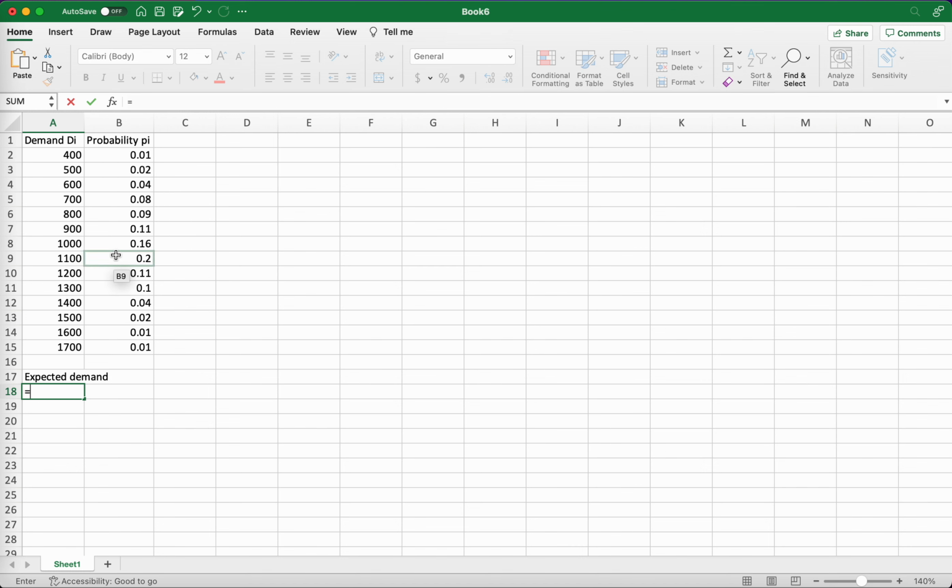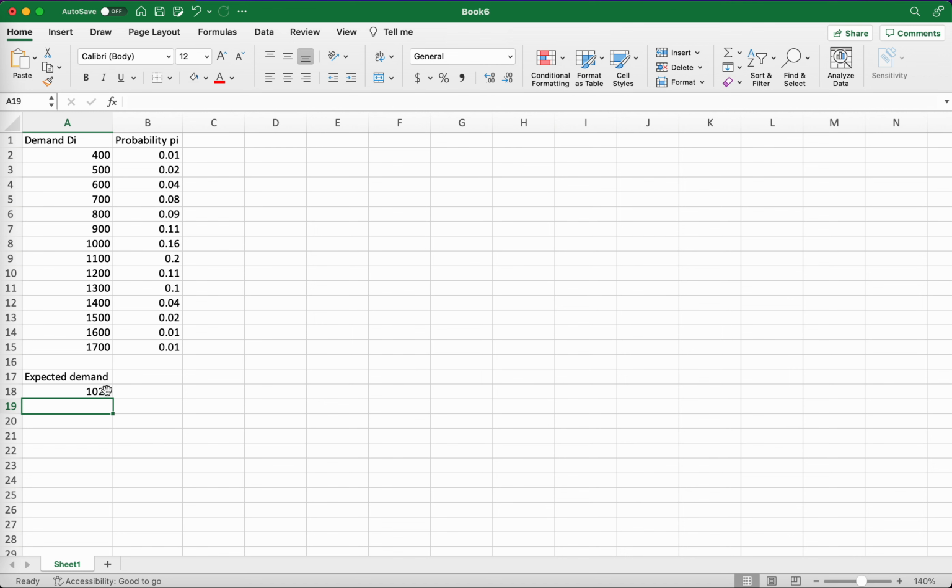You're multiplying the corresponding values and adding them up. The simplest way to do that is to use the SUMPRODUCT function. So you can say SUMPRODUCT of the demand values and the probability values, and that will give us the average demand, which is 1026, right? So on average, that is our demand.